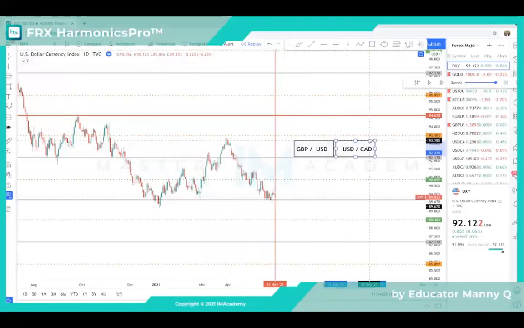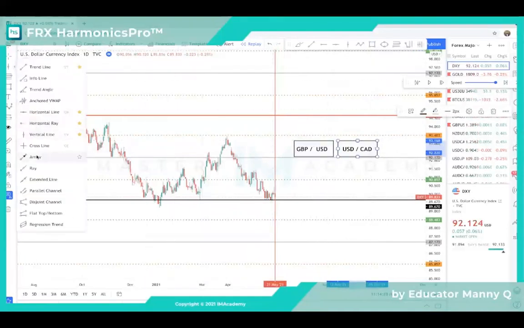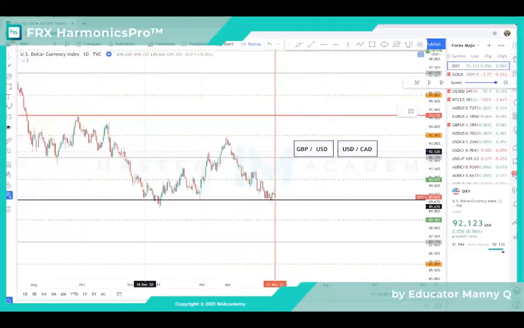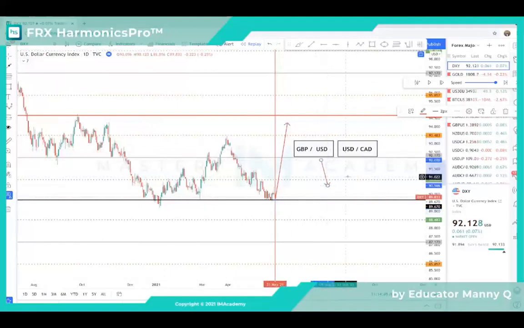Let's mark that up, and let's mark that up. Okay, so remember, if the dollar is gaining strength, right? If the dollar is anticipated to go up, remember, this is the base and this is the quote, right? So if the quote gets stronger than the base, if DXY goes up, then that means that GBP USD is supposed to go down, okay?